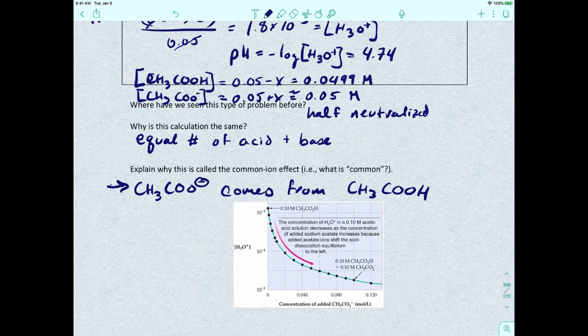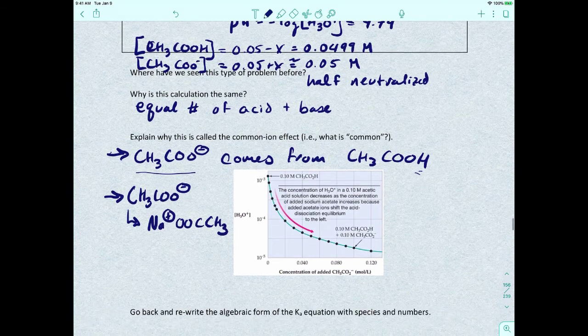All right, so in order to form the acetate ion, you have to form acetic acid and then just deprotonate it. Okay. All right, so you've got that. And then we're adding in CH3COO minus. We're adding in the acetate ion from sodium acetate.